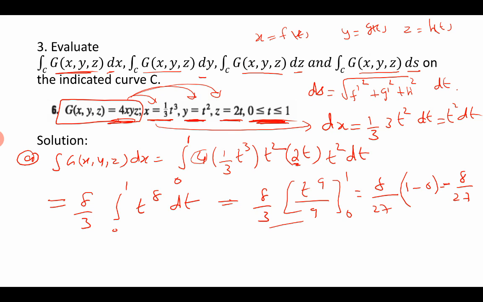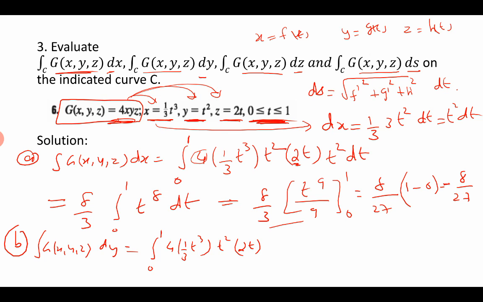First is done. Second, case B: the integral of g of x, y, z dy. Integral 0 to 1, the same: 4 times 1 by 3 t cube is for x, y is t square, z is 2t, and dy can be found from here. Y is equal to t square, so dy is 2t dt. Now simplify.